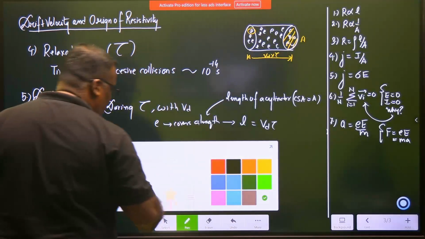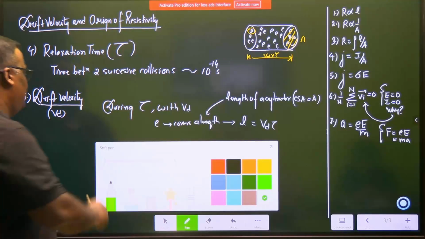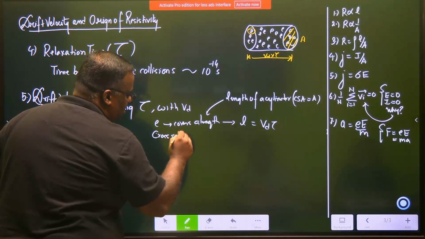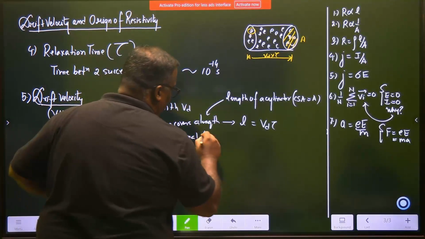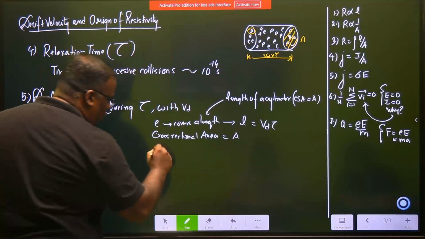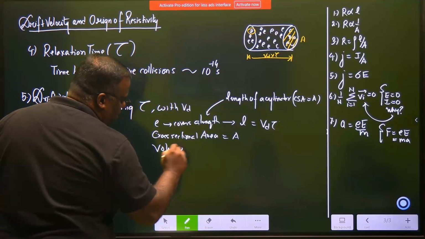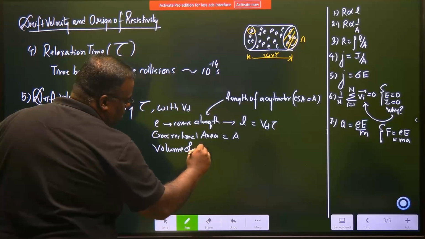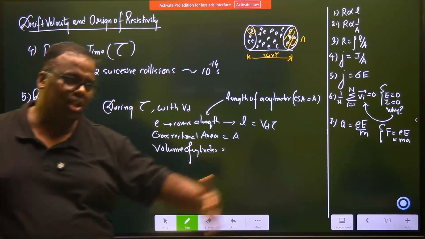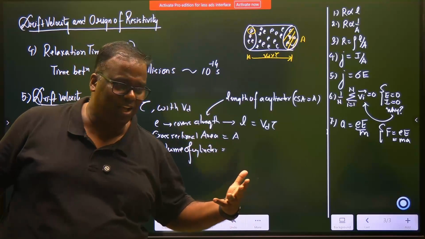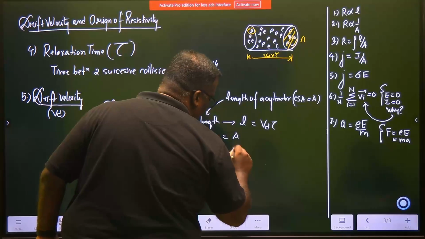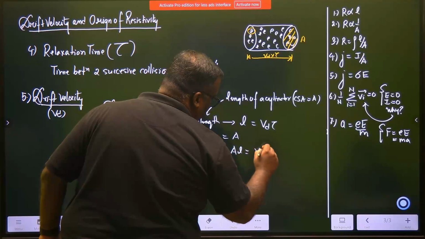Chalo, let's go further. So this is my length, and I say that my cross-sectional area is equal to A. So how much volume do you expect? Volume of the cylinder. Cylinder means the hypothetical cylinder of electrons. Volume is always cross-sectional area, like pi r square, means the cross-sectional area A into L. So the volume of the cylinder will be A L, nothing but A Vd tau.